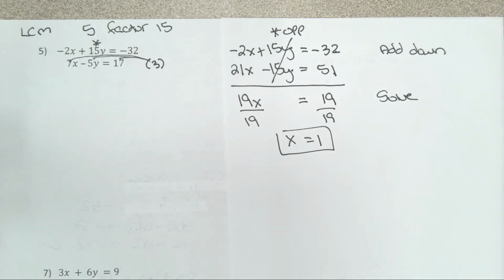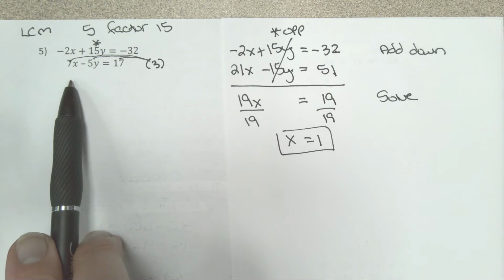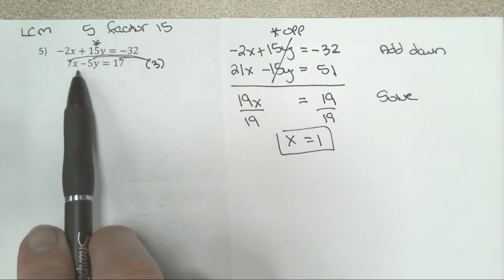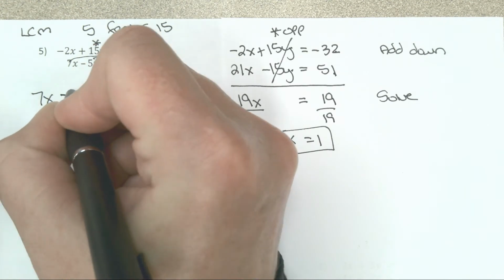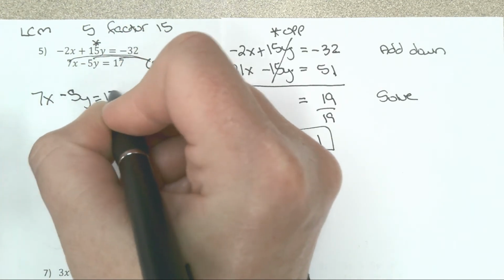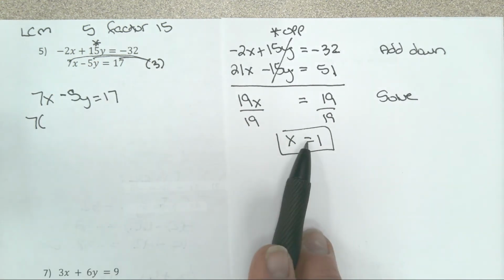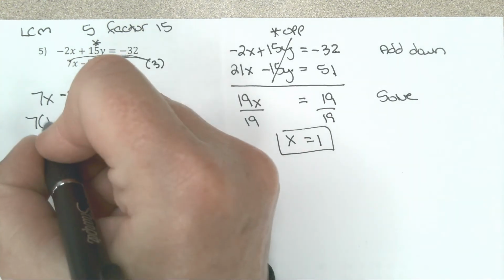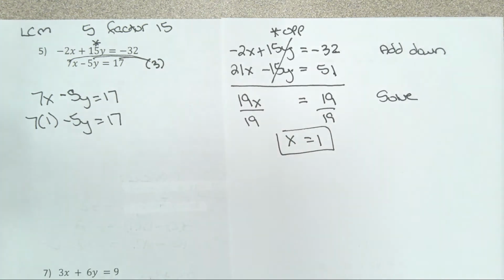Once you have one of your answers, plug it into one of these original equations. Doesn't matter what you use, do whatever you think is easiest. I'm going to use the second one. It seems easier to me. So in place of that x, I'm going to plug this 1 in. So that's why I have 7 times 1 minus 5y equals 17.